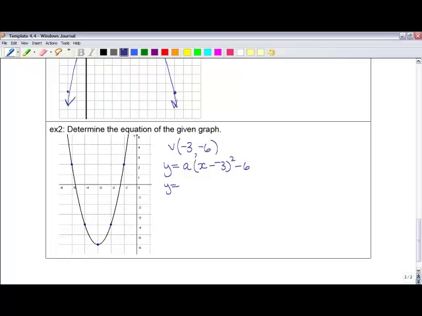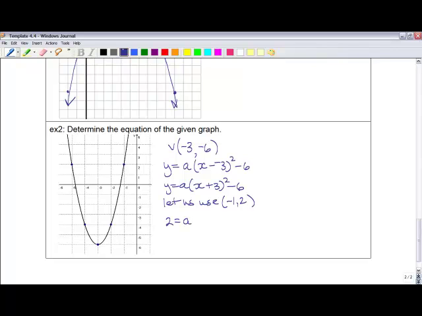How we're going to deal with this is we can take any point that's on the curve. Because the point is on the curve, if we know an xy coordinate, we can plug that in and find a. Let us use -1, 2, which is a fairly straightforward point.